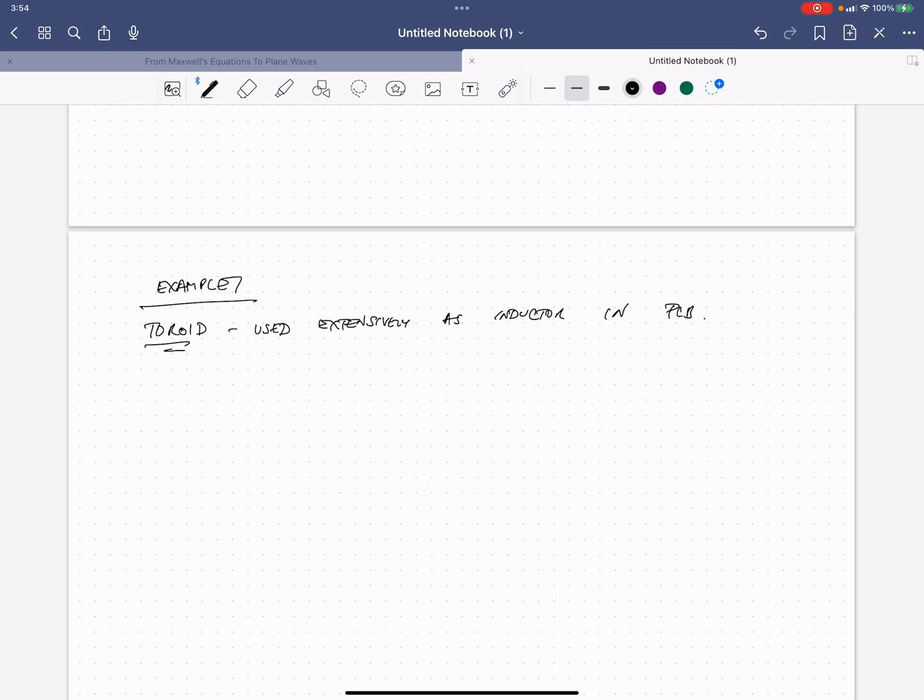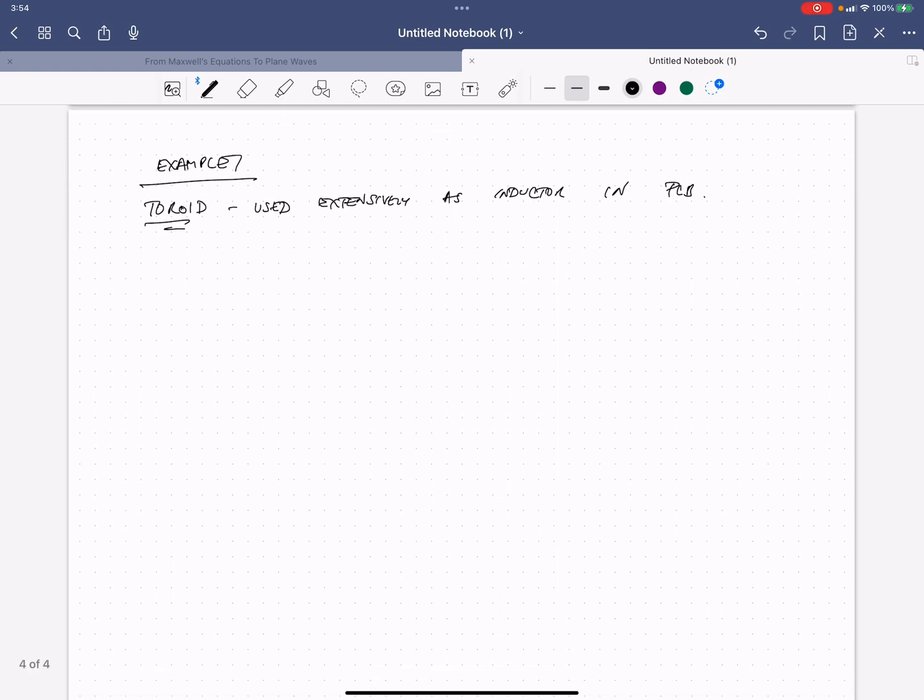You see toroids kind of everywhere. And the way a toroid works is there's a sort of dielectric ring. I'm trying to draw that. It's a closed ring.